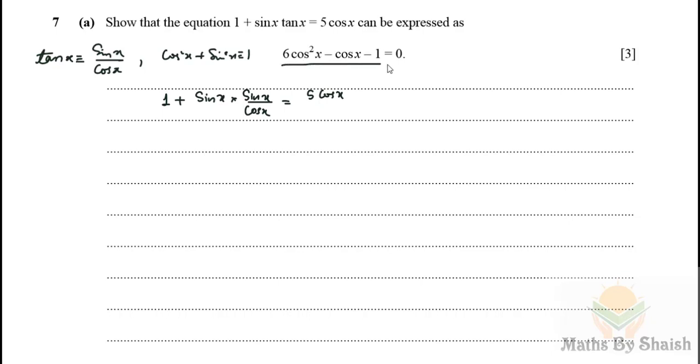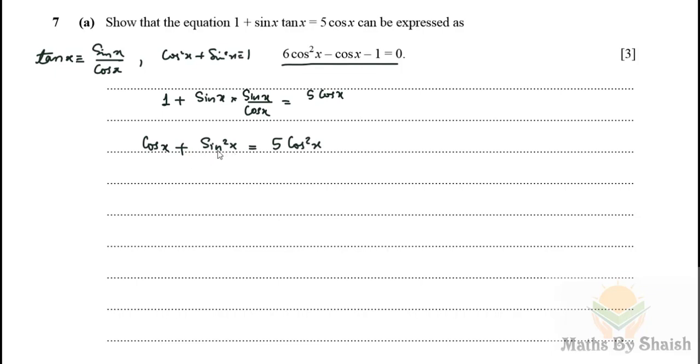And since we require cos square, means cos term here, so we'll convert sine if however it is possible. So let's multiply by cos x everywhere. We will get cos x here, plus if we multiply cos x here, this would be cancelled, so we are left with only sine square x is equal to 5 times cos square x.